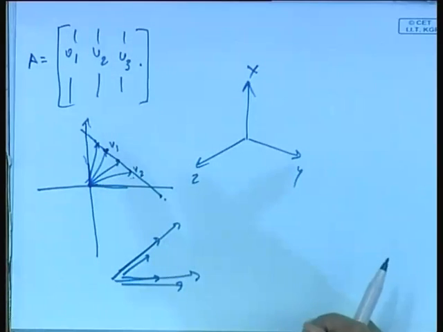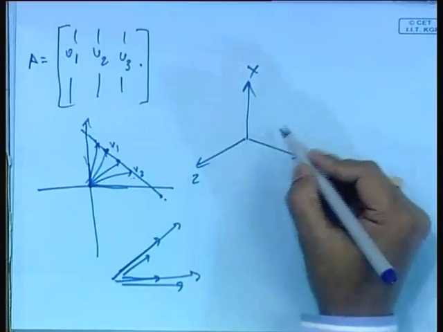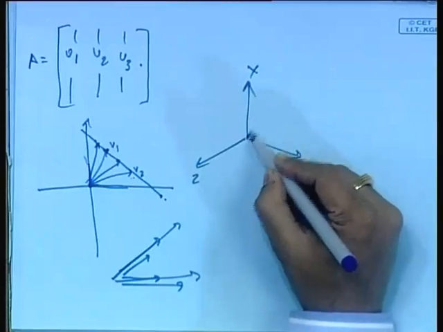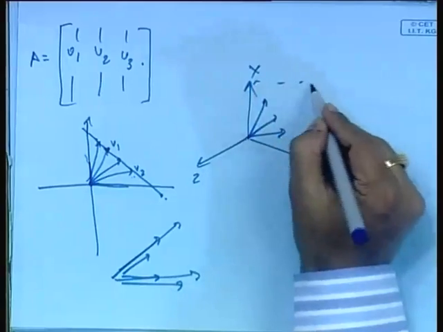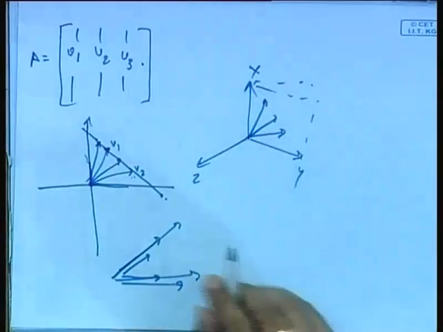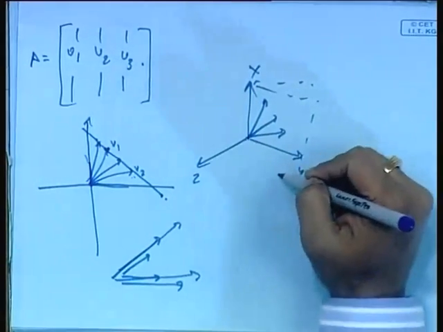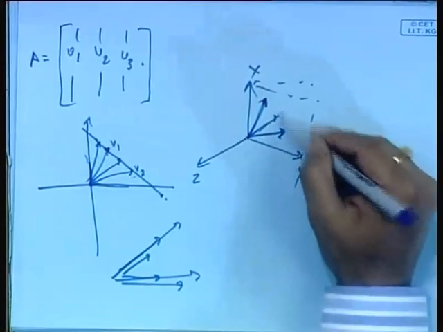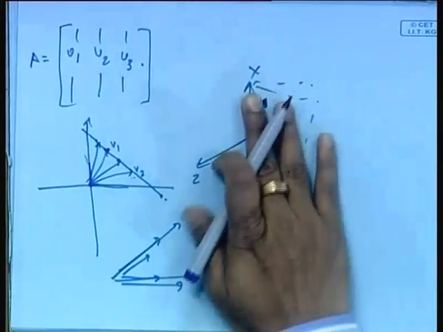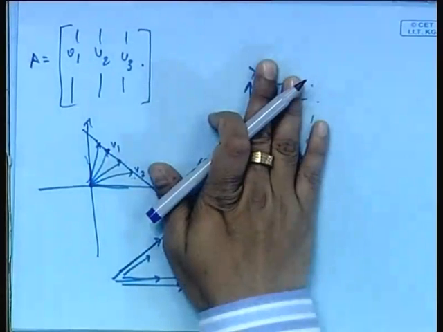You can't reduce their dimension. But suppose you had 3 vectors, and all of them lie in this plane. In this case, it suffices to specify these two vectors and say the third is a linear combination of these two. So this is the dimension. Everything lies on this plane.